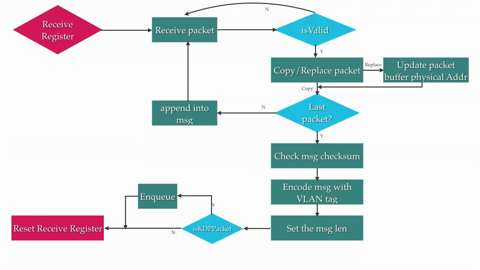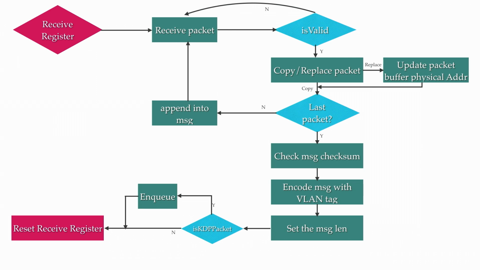By the way, it's up to the system here whether to copy or replace, according to whichever is more time efficient. If replace, it should update the package physical address first. Then the function will check if this package is the last one.